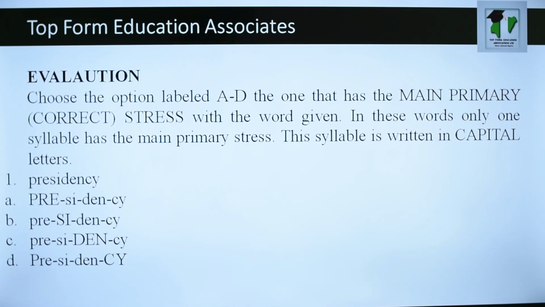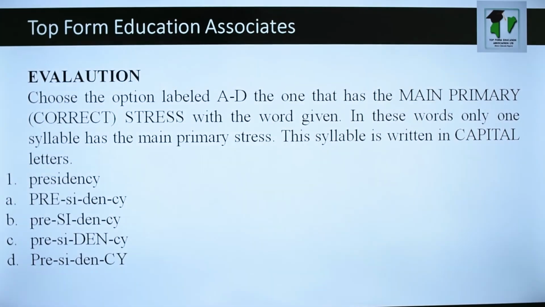Main, we've looked at the word main. When you say that something is primary, it's important. And they are now using correct stress with the word given. In these words, only one syllable has the main primary stress. This syllable is written in capital letter.